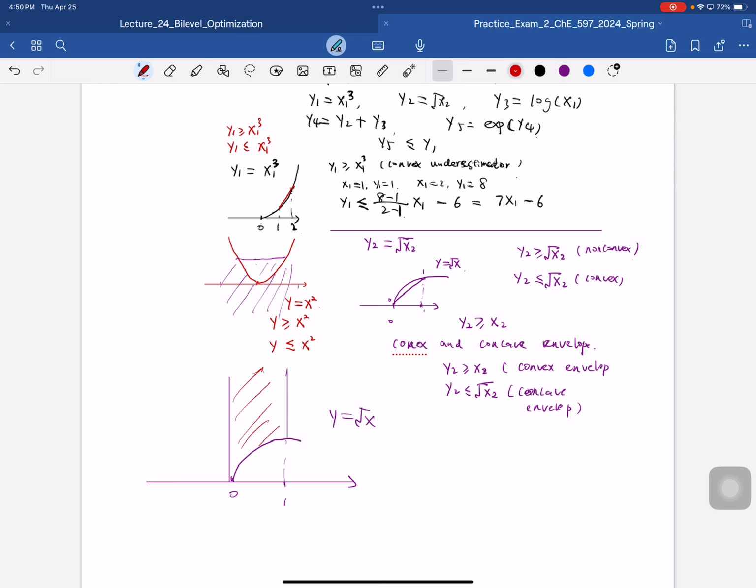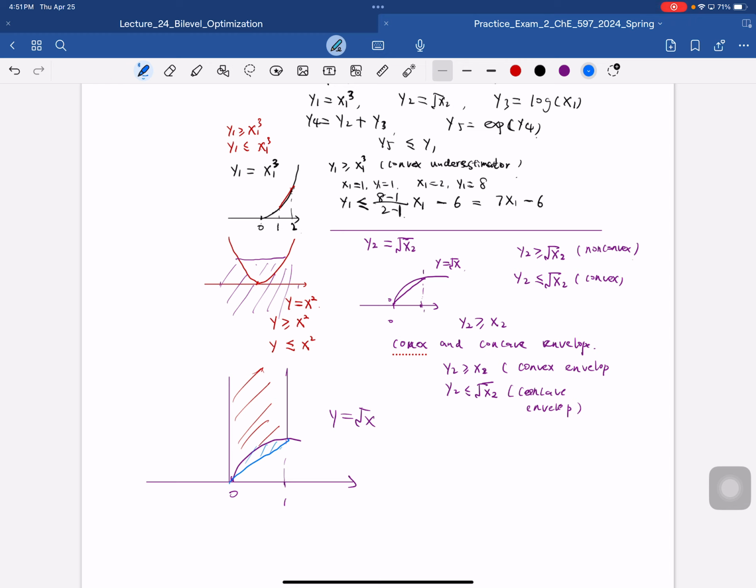So what is the convex hull of this non-convex region? It is nothing but this blue, anything above this blue line, right? That's the convex hull of the epigraph. So the convex envelope is the same as the convex hull of the original epigraph, right? That's what you mean by tightness. We actually defined that in our lecture. Okay, yeah.